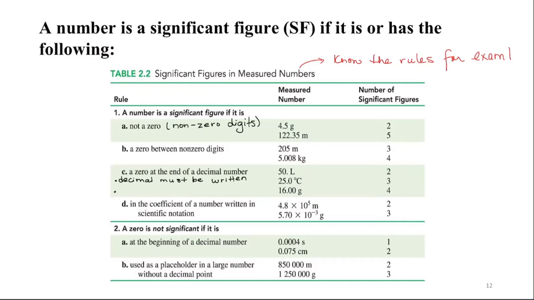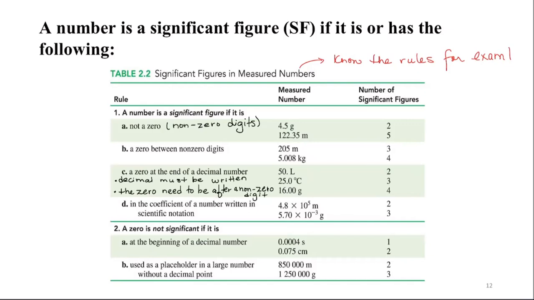And the other parameter is that the zero needs to be after a non-zero digit.